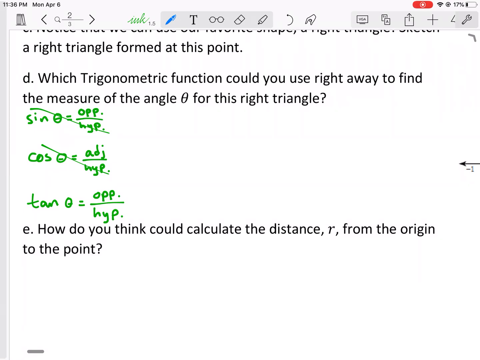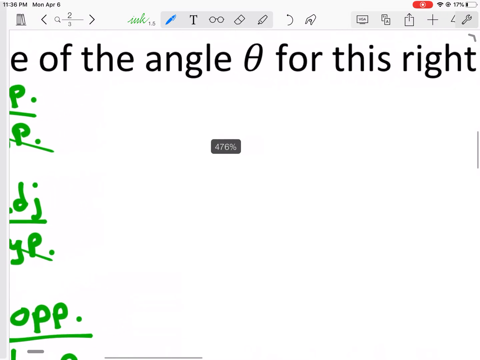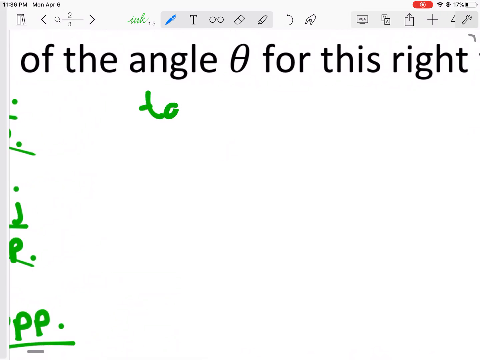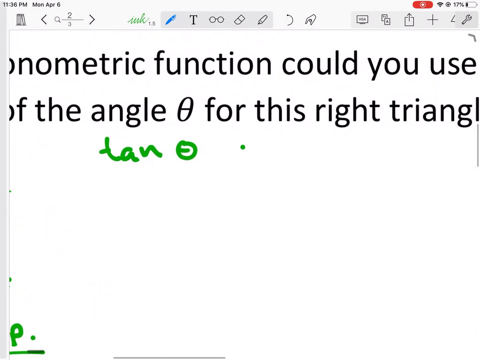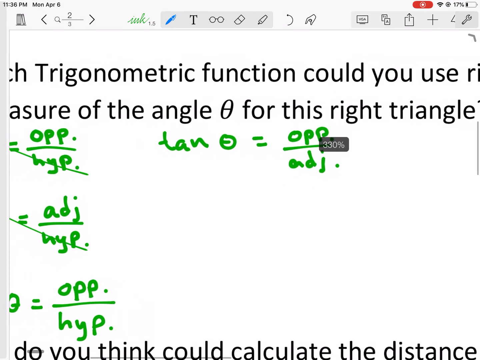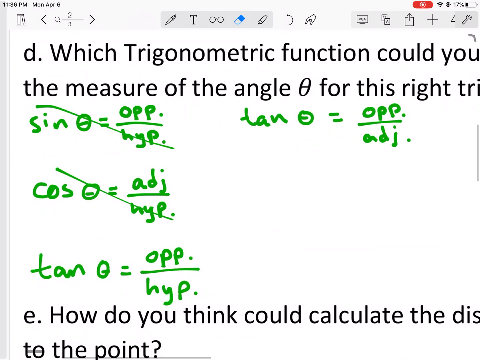So we can say that tangent theta equals the opposite over the adjacent. I wrote that wrong down here, I'm sorry. It should have been opposite divided by the adjacent.